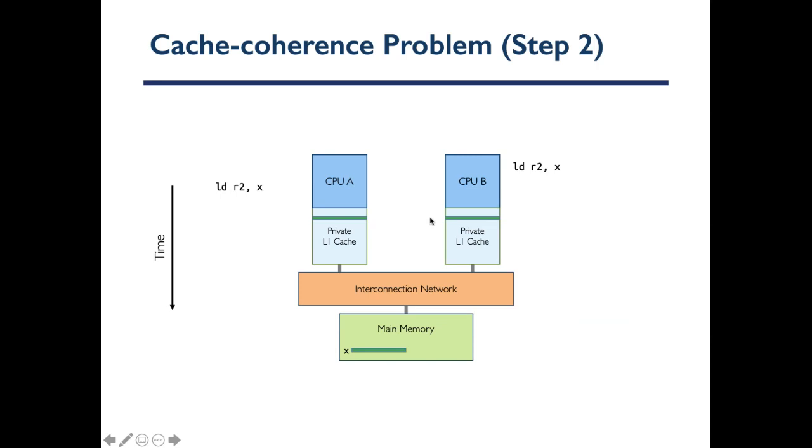And so far, nothing wrong. Now, let's say that CPU A executes add R1, R2, and R4, so basically adding R2 and R4 and storing the result in R1.